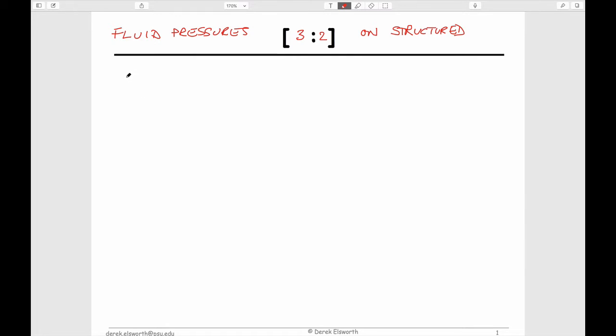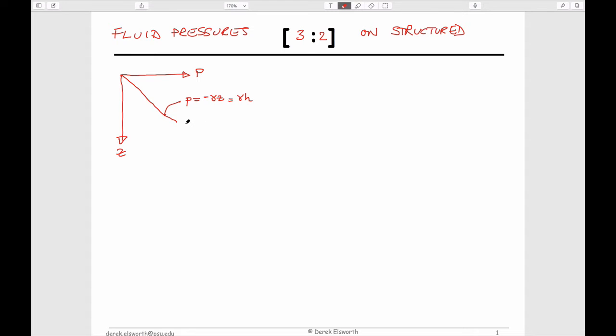But we'll make the point that there are 3 things we need to know in looking at fluid pressures on structures. So typically we're looking at fluids. And so we know that when we look at fluids, from the free surface, the fluid pressure goes down as equal to, if this is z, minus gamma z, because z is negative, or equal to gamma h, I think we've called that.